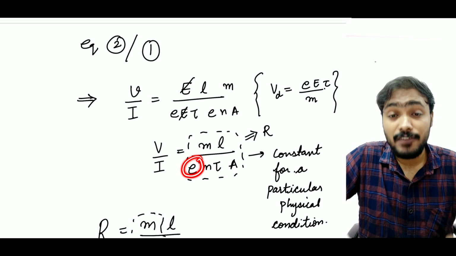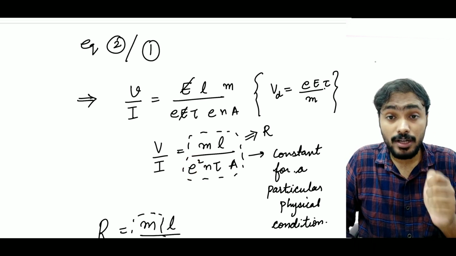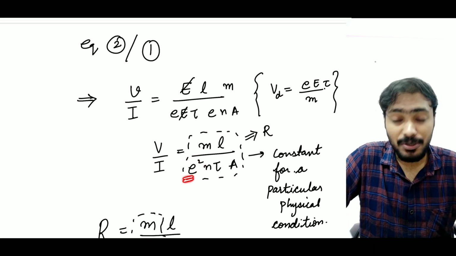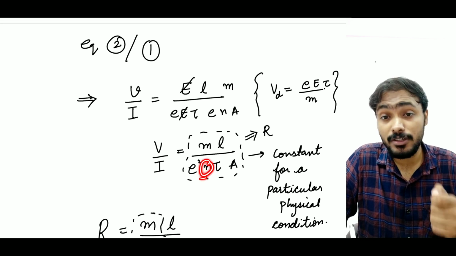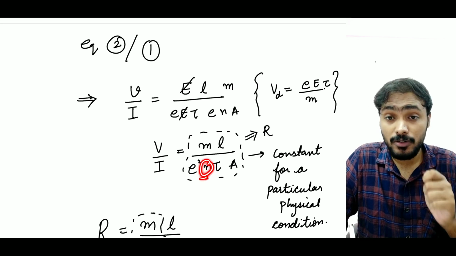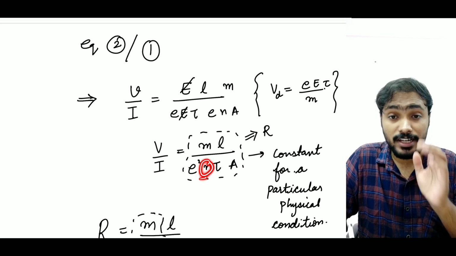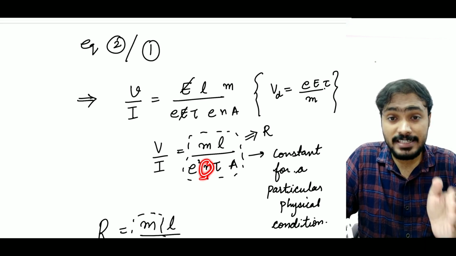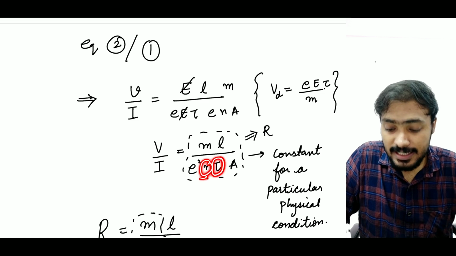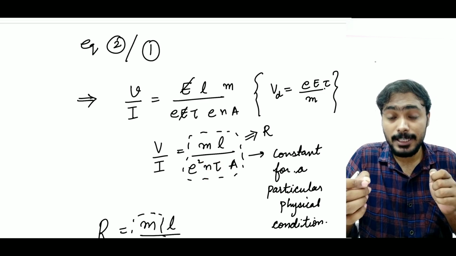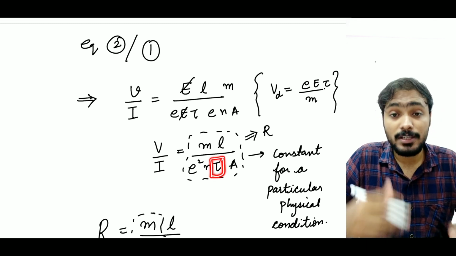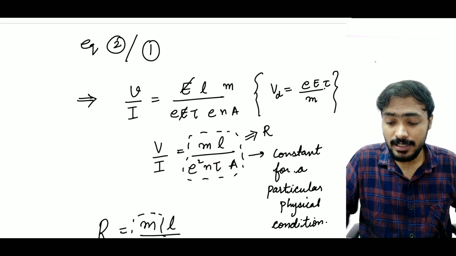e squared, where e is the charge on an electron, is going to be a constant, it will not change. n is the number of electrons per unit volume, which is again going to be a constant for a constant physical condition. Tau is the relaxation time, the time between any two successive collisions, again constant because we are not changing the physical condition.